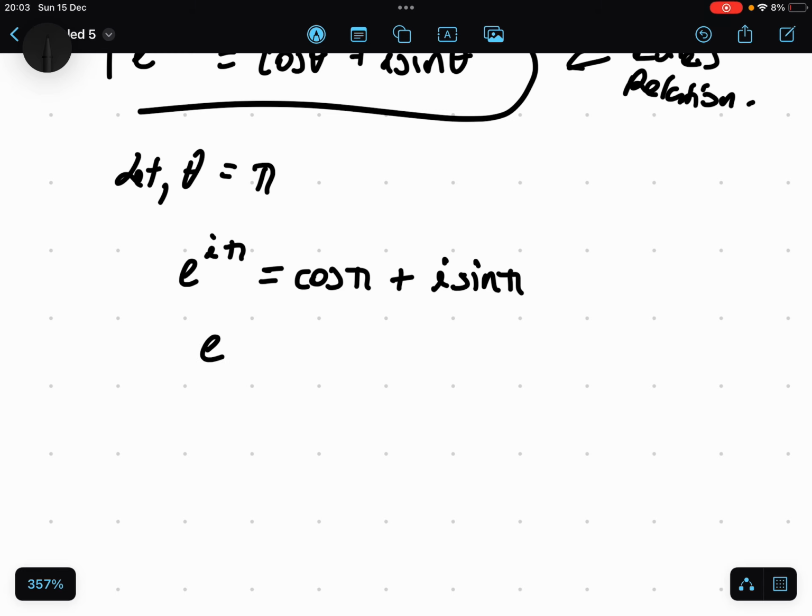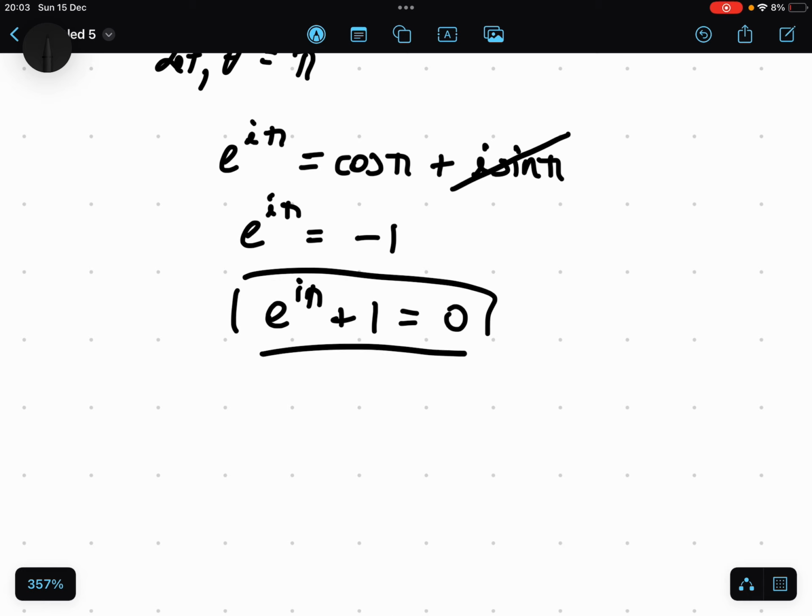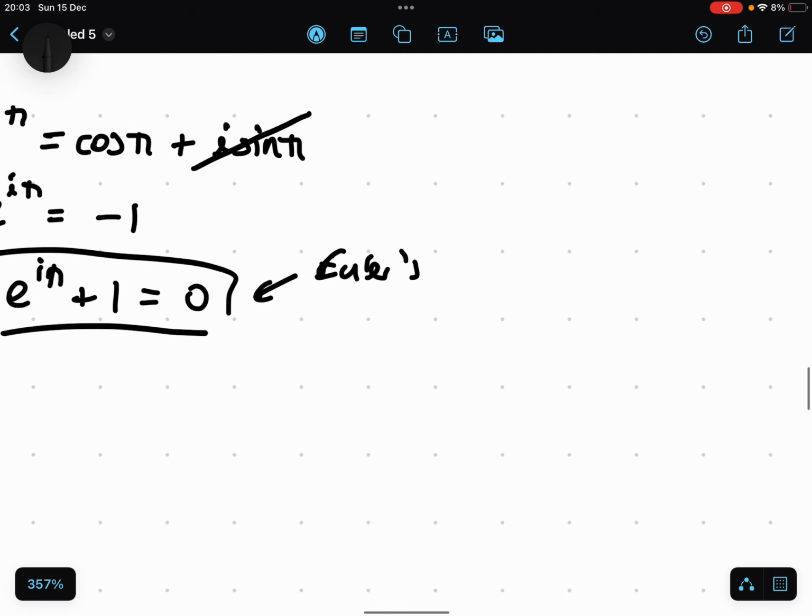Sorry, why did I say that? Cosine of pi is negative 1, sorry. Sine of pi is 0, so that goes. And you can just add 1 to both sides to get e to the i pi plus 1 equals 0. And there you go. Isn't that beautiful? And that is Euler's identity.